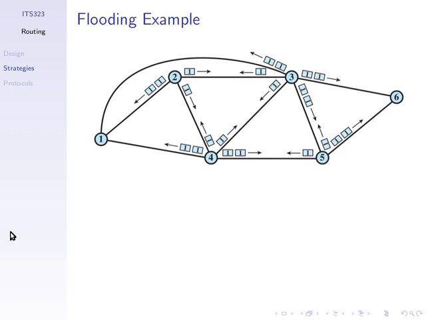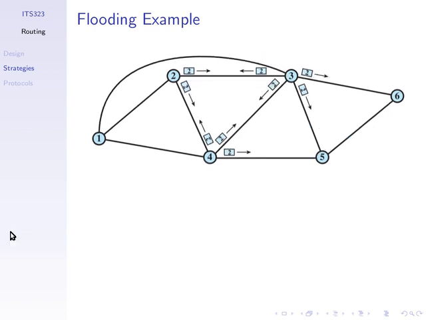As a result, let's go back. Node 4 is going to receive a packet from 2 and a packet from 3. So in the next step, we're going to receive 2 packets. For the first packet we receive, we'll send to our neighbours, except who we just received it from. And for the second packet we receive, we'll send to our neighbours.